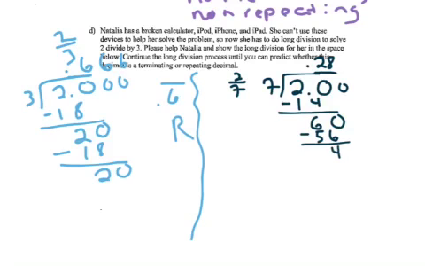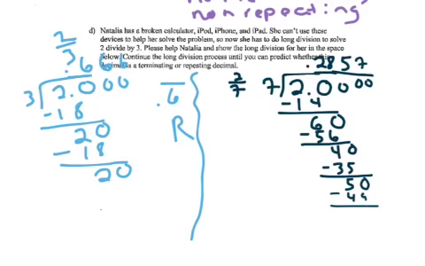7 cannot go into 4, so I have to bring down another 0. 7 can go into 40 5 times. 7 times 5 is 35. And I'm just going to keep on doing this process. 7 can go into 50 7 times. So 7 times 7 is 49. I'll get a 1.